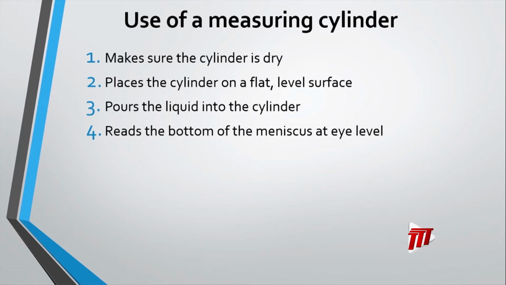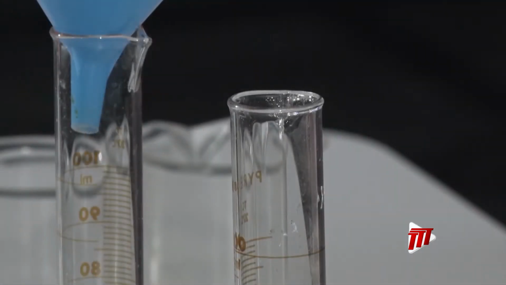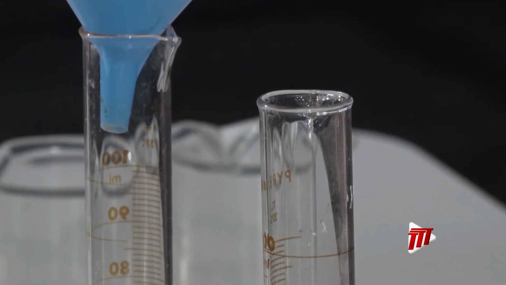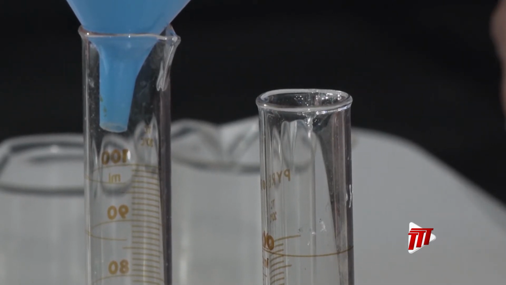That little curve at the top of the liquid in a container is called a meniscus. So when we fill a liquid into a measuring cylinder, we would see that slight curve. We use the bottom of that curve to line up with a mark and read the volume of the liquid. So we are looking at the bottom of the meniscus to get the mark.